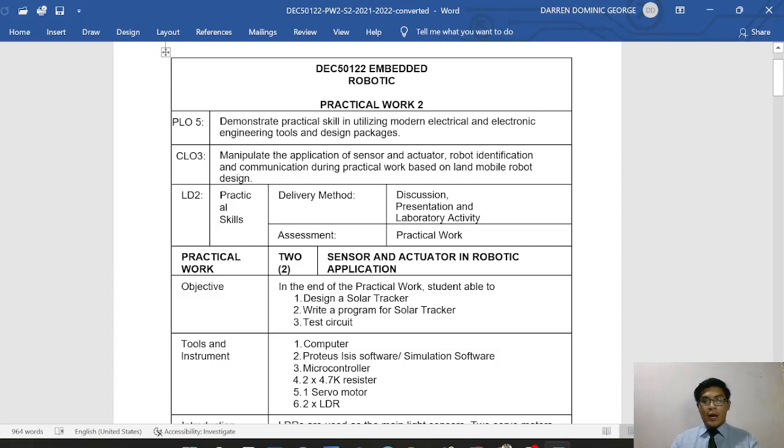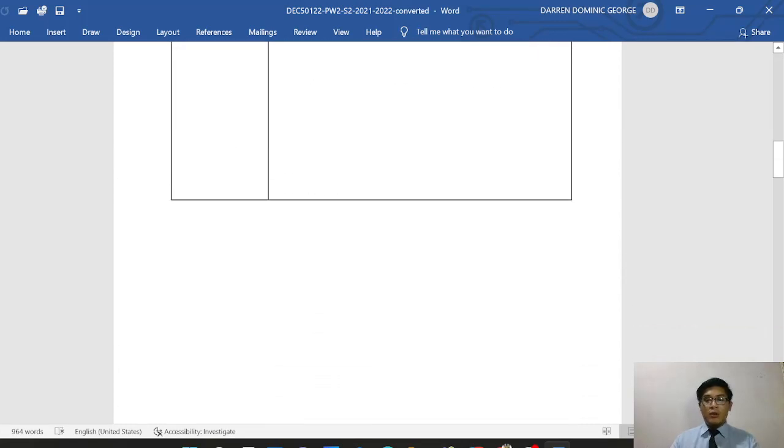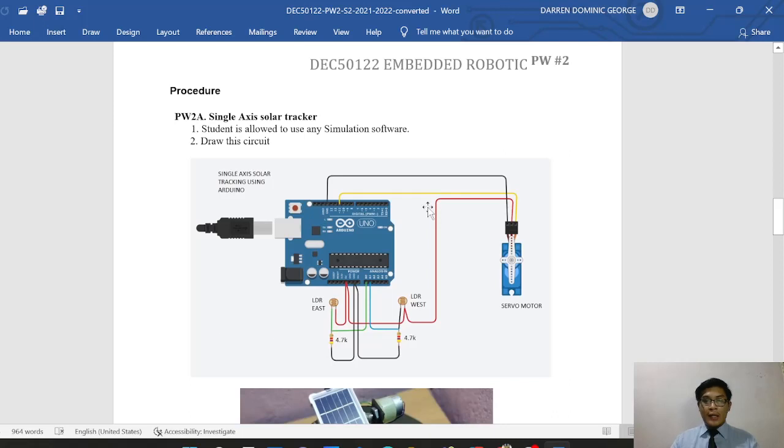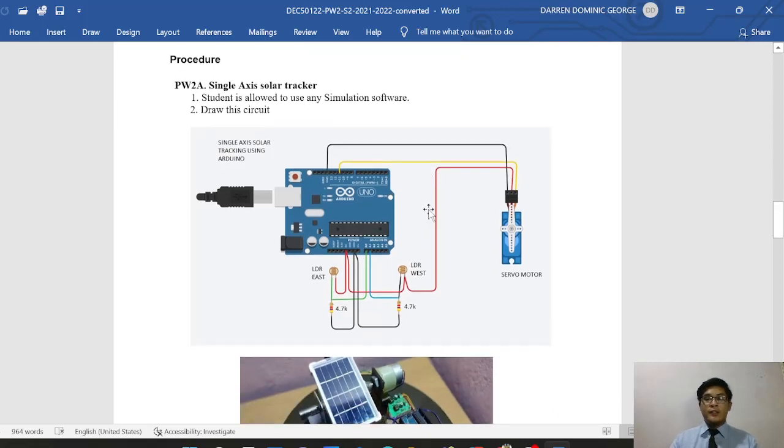So let's see our first circuit, which is this one, PW2, and I am using the Tinkercad software.